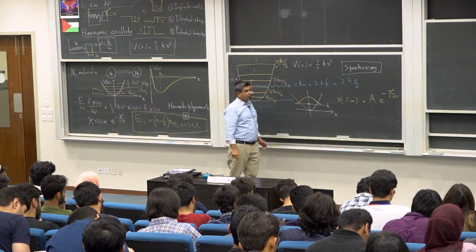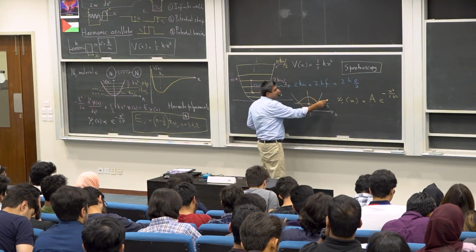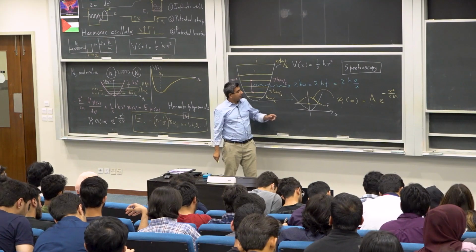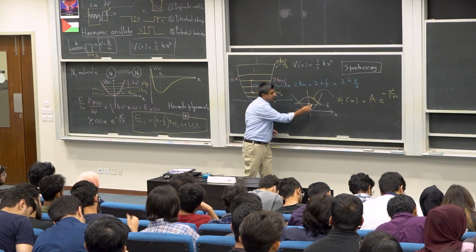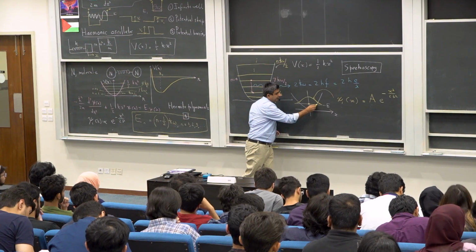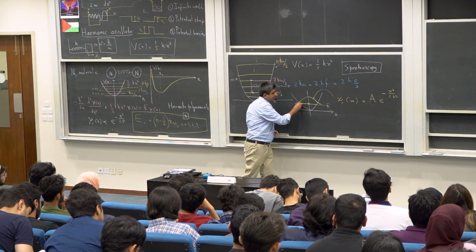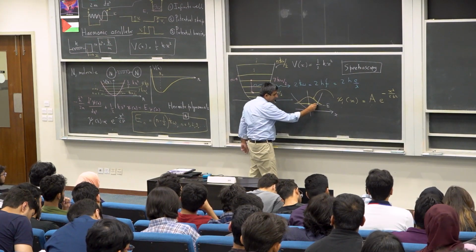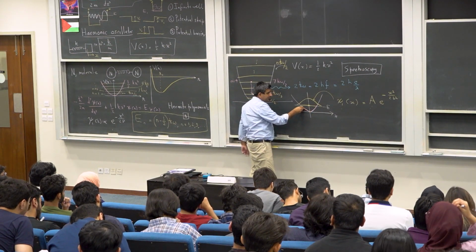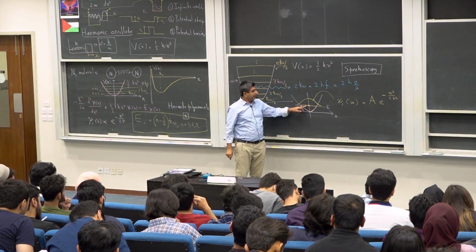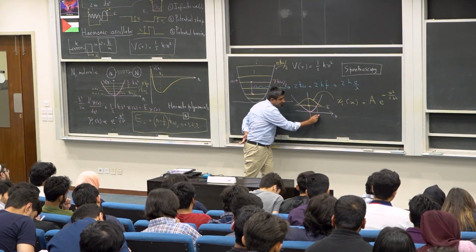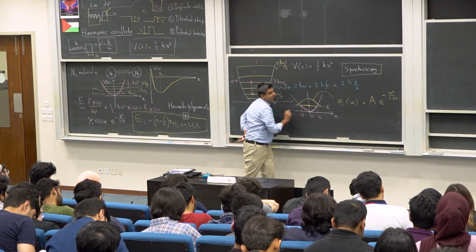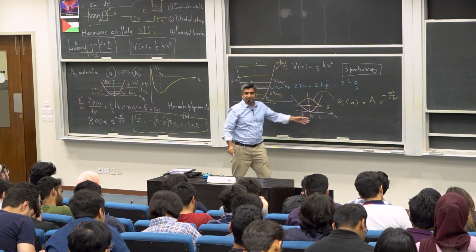Now question, this yellow shows my wave function for the ground state. In this regime, yellow shows my energy and pink shows my potential energy. Let's call this point B, let's call this point minus B. Okay, so this is a position axis.